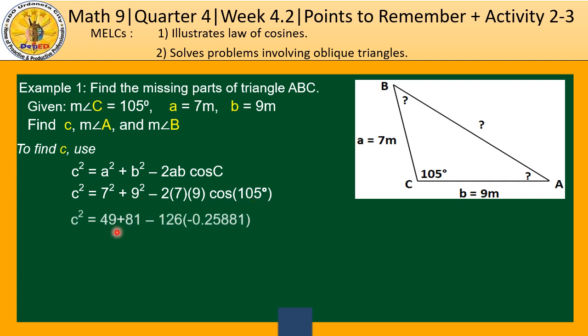Next, 7 squared is equal to 49, 9 squared is equal to 81, then 2 times 7 is 14, times 9 is 126, times the value of cosine 105 degrees.